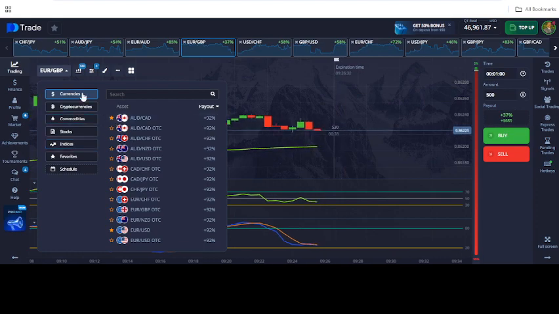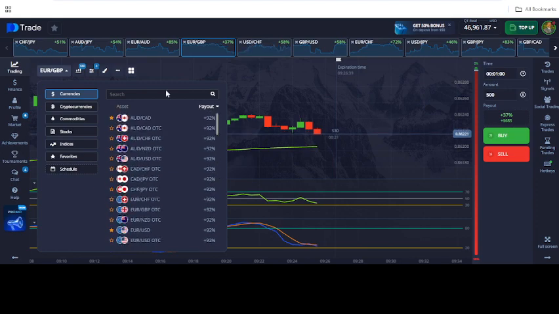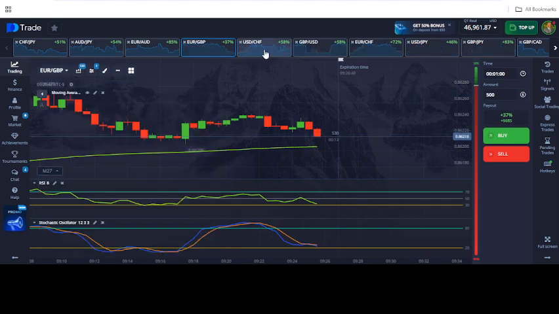I've clicked on the currency icon here, and I've checked off all my regular currency pairs. That way they all show up at the top of the chart here: Great British Pound, US dollar, Swiss franc. So I can analyze the various pairs quickly.